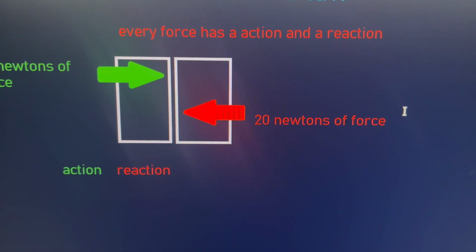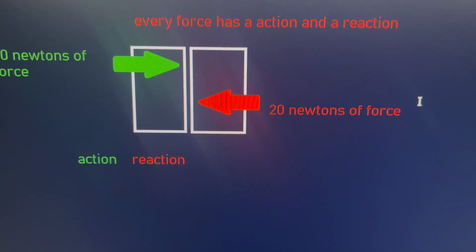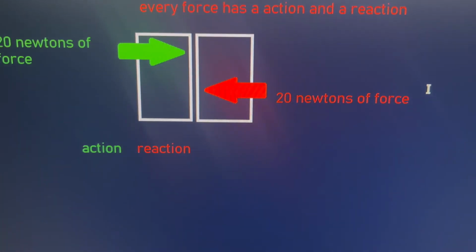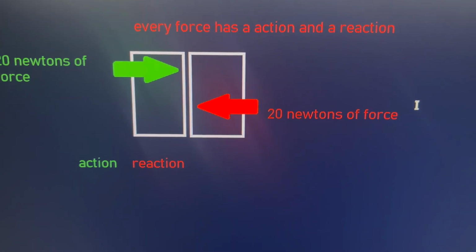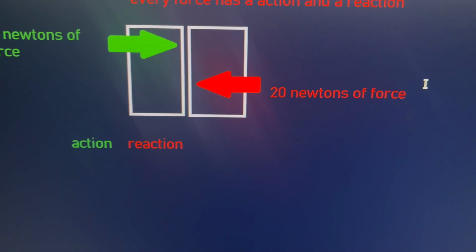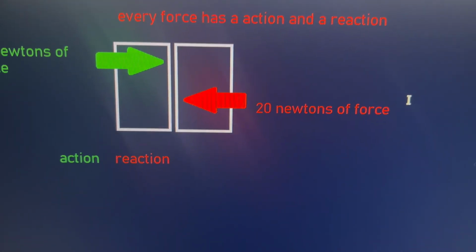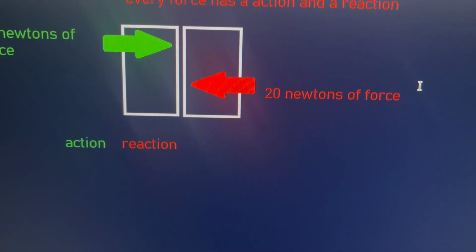So if a force is coming this way colliding into an object, the reaction force will go the opposite way. That's why if you hit a hammer on concrete, you'll feel that shock come up right back at you. And that's the reaction force of the impact.